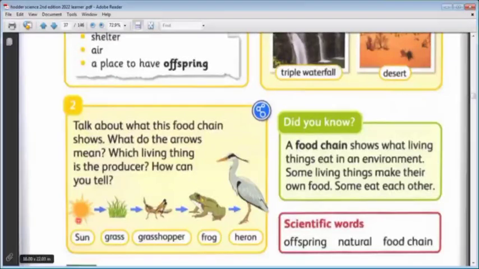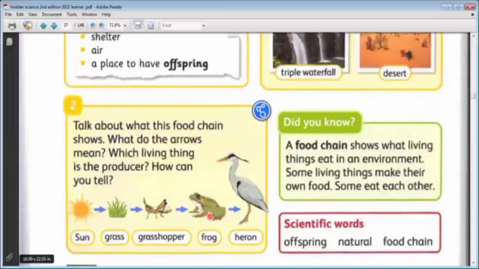If I stand in the sun as a human, can I make my own food from the sunlight? No. Only the plants can do this. They take the sunlight with the water and air and make their own food. So we call them producers because they are the only living things that can produce their own food.